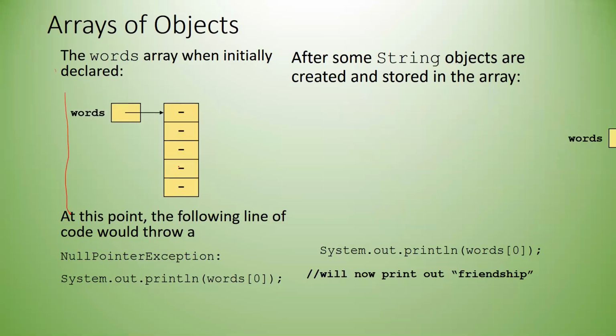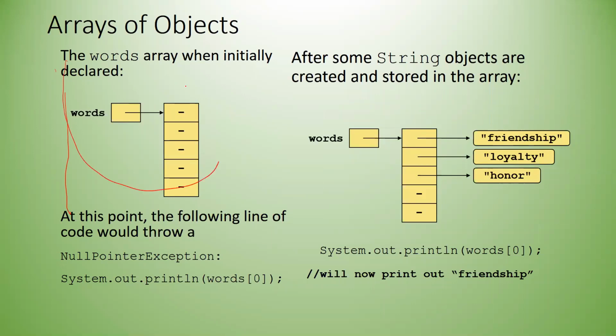Okay, this is what happens. See, each location is null. Each reference variable is null. It doesn't point to anything. And once you create each individual object, for example, you do words[0] equals friendship, and then words[1] equals loyalty, etc. Once you do that, then this has an address.